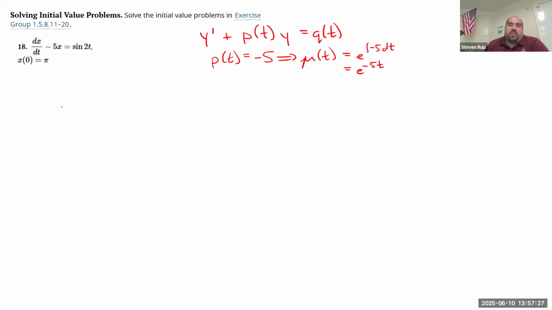So I'm going to multiply my equation through by that. So e to the -5t dx dt minus 5x e to the -5t equals e to the -5t sine 2t.